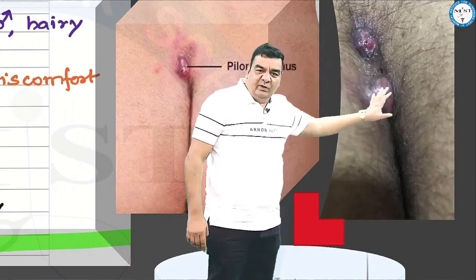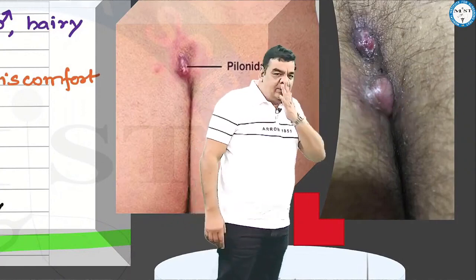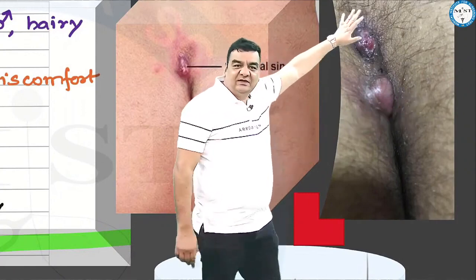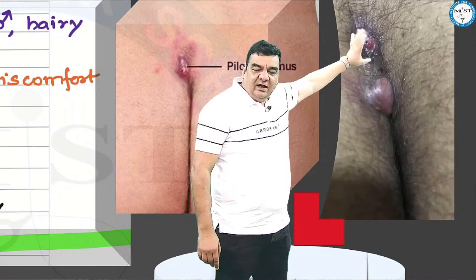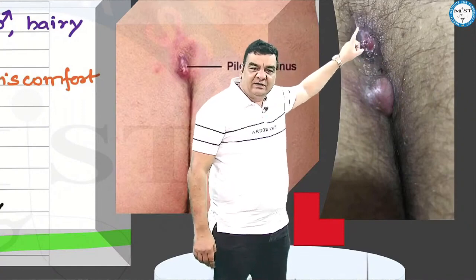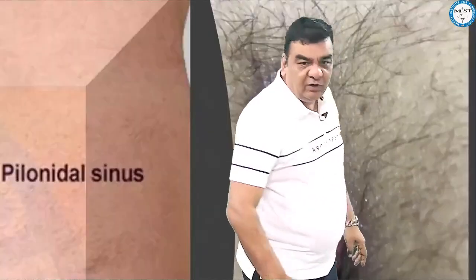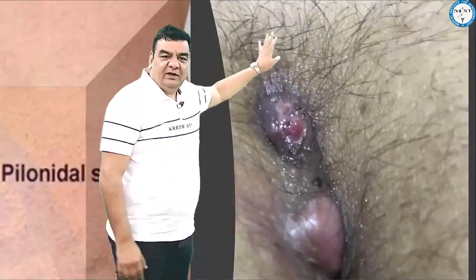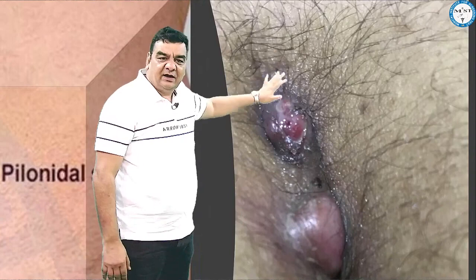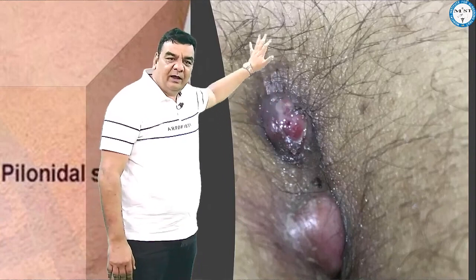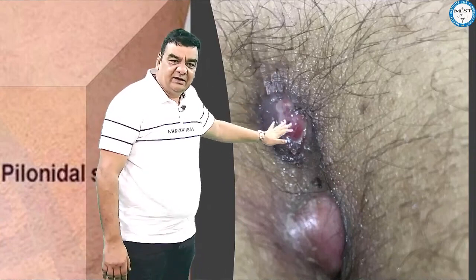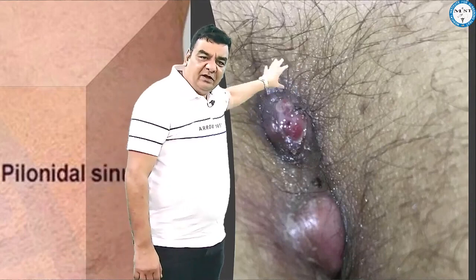That is the area between the two hips, right? Now, if this skin is hairy and somebody is sitting for long periods, these hairs will keep on causing irritation to the skin. So there will be irritation to the skin here, and gradually abrasions will develop in the skin. The hairs will become dead.